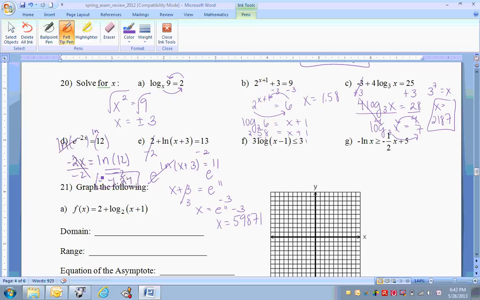So x equals negative 1.24. Okay, we are going to omit f and g, and let's move on to 21.